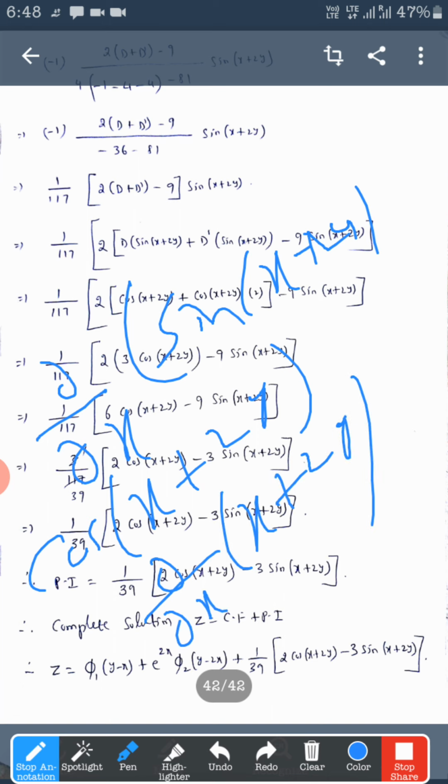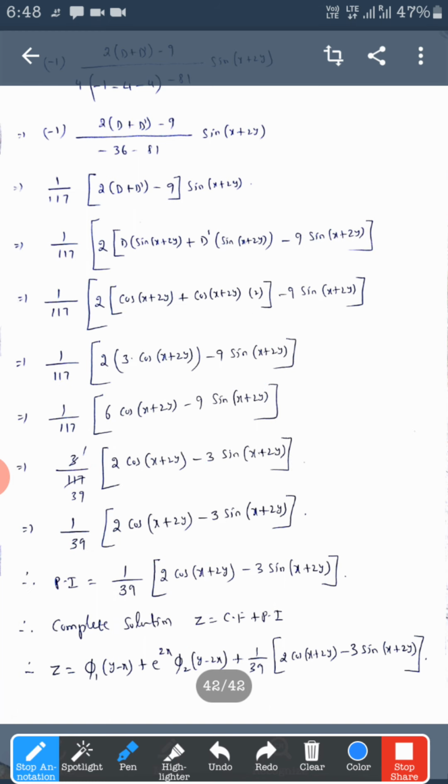Here we are differentiating partially with respect to x. Therefore y is constant, 2 is constant, this becomes 0. Dou by dou x of x is 1. So 1 plus 0, therefore 1 into cos of x plus 2y. That's why I am writing here cos of x plus 2y.